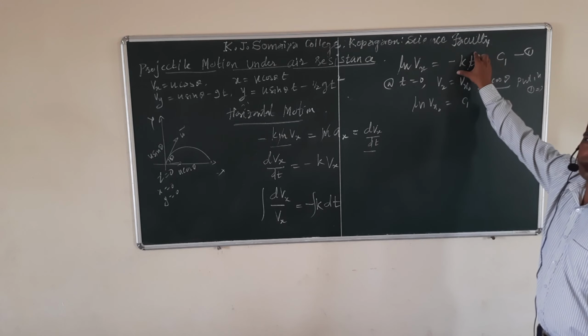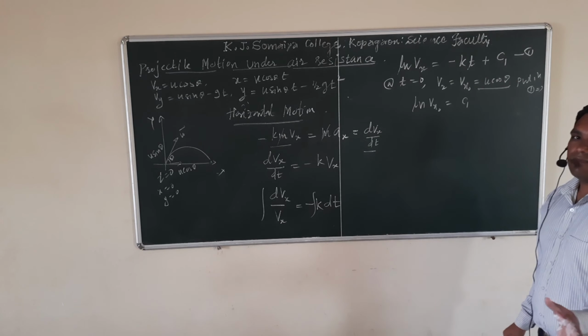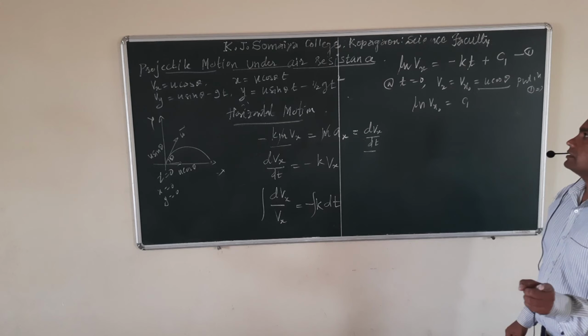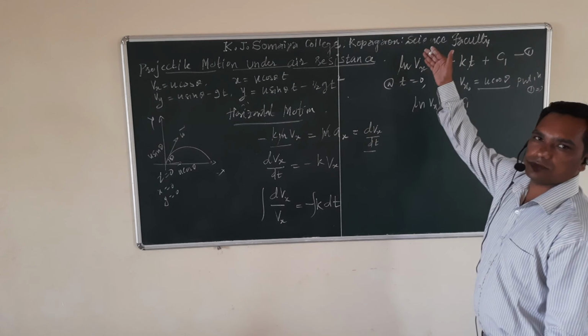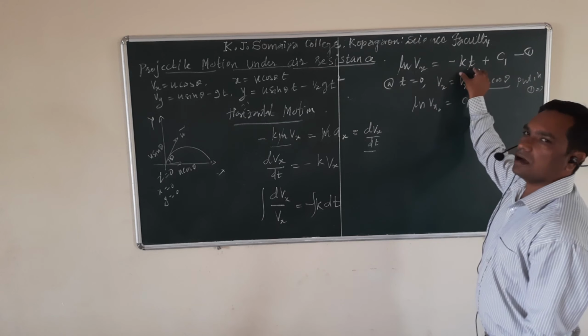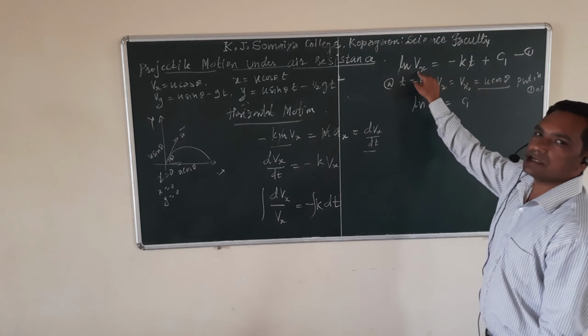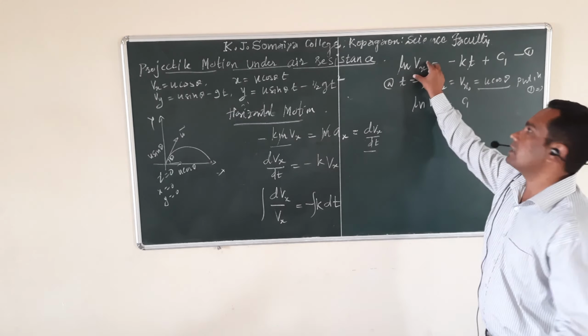There is one very interesting fact about dimensional analysis. You take any equation at any stage of our derivation, the dimensions are the same. ln of vx is dimensionless, because once we take ln of any factor, it becomes dimensionless.